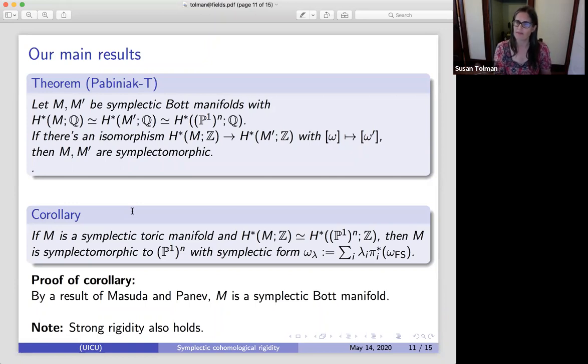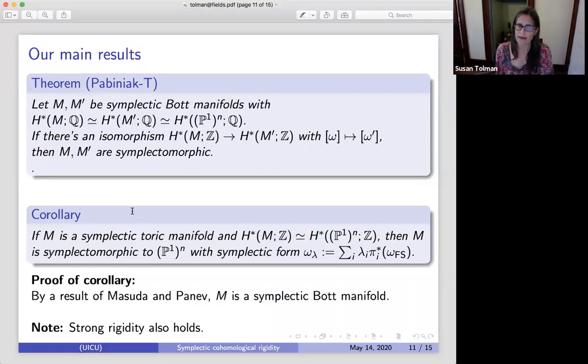I take the Fubini-Study form and pull it back by pi i, the projection onto the ith copy of P1, multiply it by some real number lambda i, and sum it up, and I get a symplectic form. So it's a standard product symplectic form, only I'm allowing all the sides to be different.